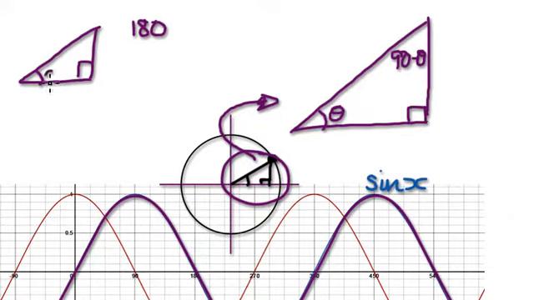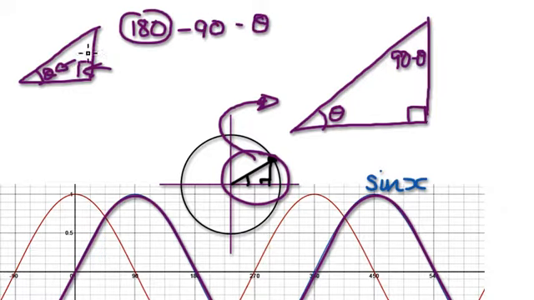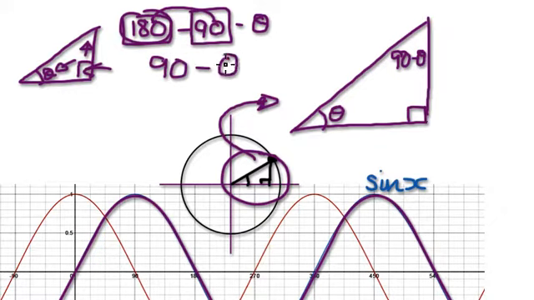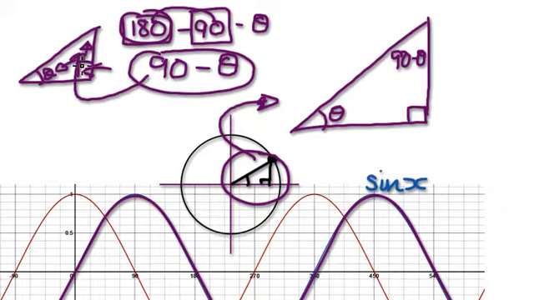So if you take away 90, and then take away theta, then what's left will be this angle here, which is 90 take away theta. So if this is theta, then this must be 90 take away theta.